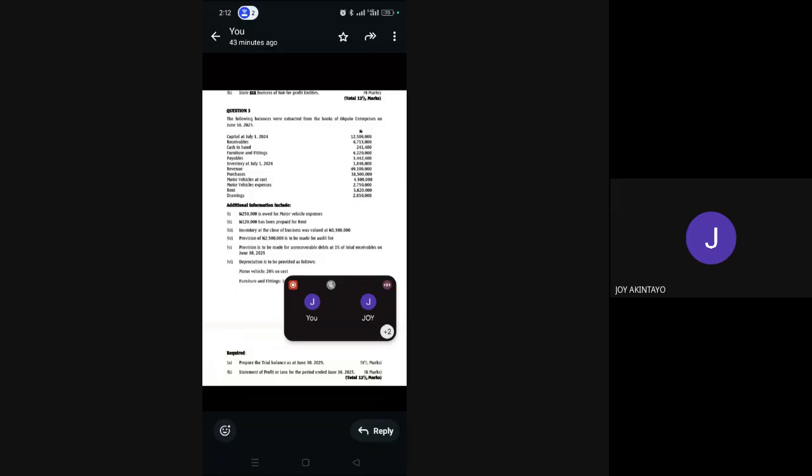Do we have the same value both on credit side and debit side? I need your response, please.